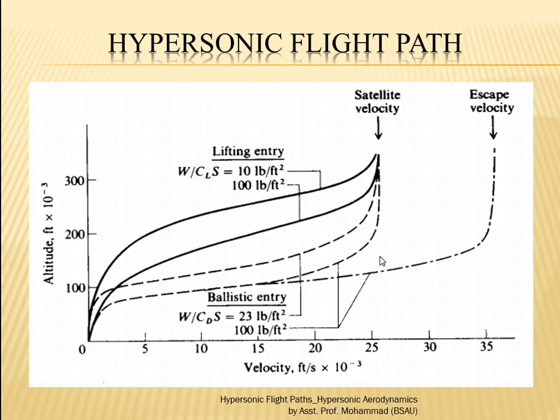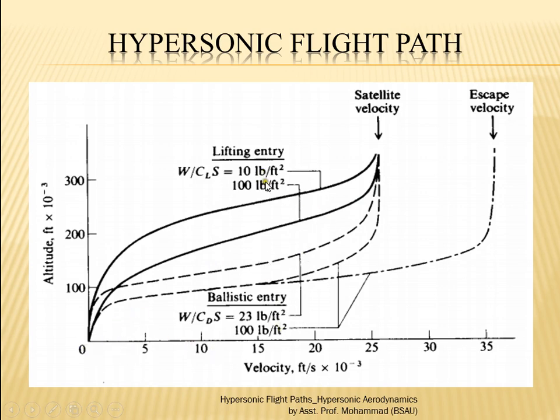Apart from this, one more salient feature we can note down here: even for the same type of entry, like lifting entry or ballistic entry, for the higher value of the lifting parameter or ballistic parameter, the vehicle penetrates down inside the atmosphere for a longer distance, to a lower altitude, and then it starts flattening, reducing the speed, and coming down to the Earth.